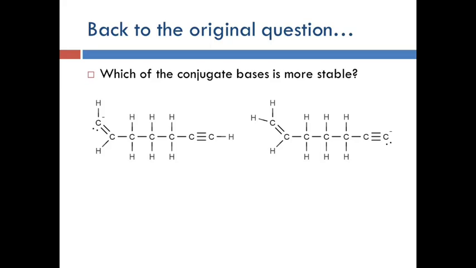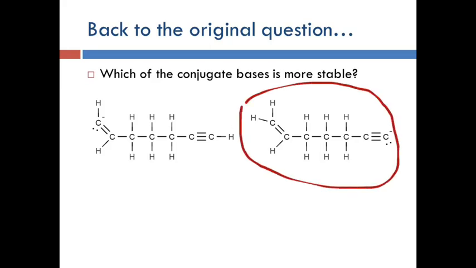So now back to our original question, which of these is more stable? We identified that one's sp3 hybridized, this one's sp2. I'm sorry, this one's sp2, that one's sp. Good grief. Yeah, this one, right? Why? Because this carbon is more electronegative than that carbon. It stabilizes the anion.